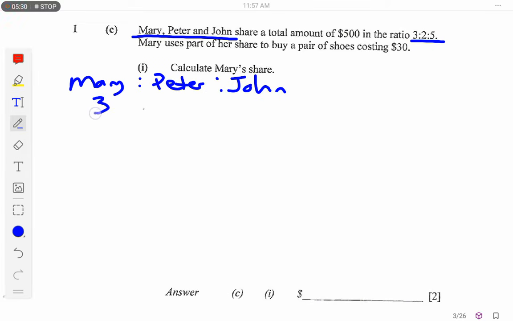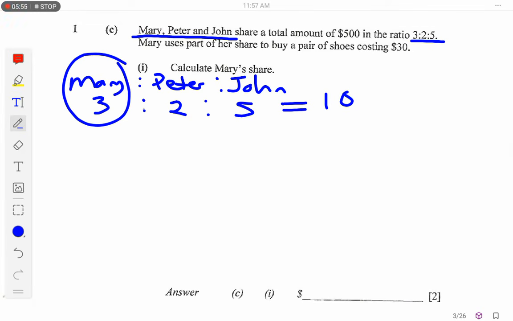Okay, so it will be 3 to 2 to 5, like that. So that's what it means there. Then they are asking, Mary uses part of her share to buy a pair of shoes costing $30. Okay, then they are saying calculate Mary's share. So Mary's share is going to be 3 over, we find the total of the ratio, 3 plus 2 plus 5, that's a 10.